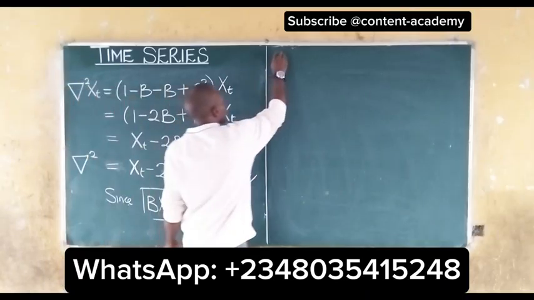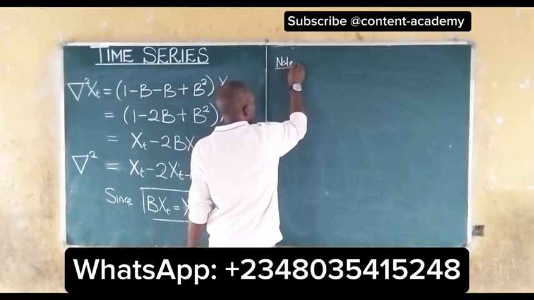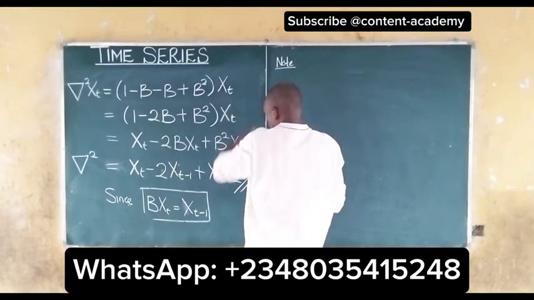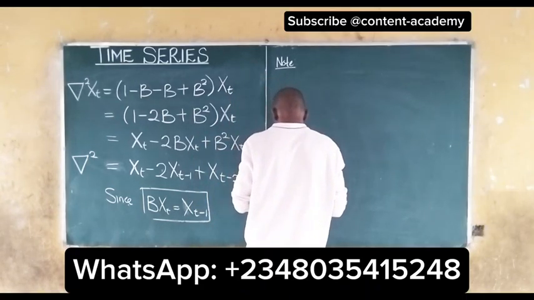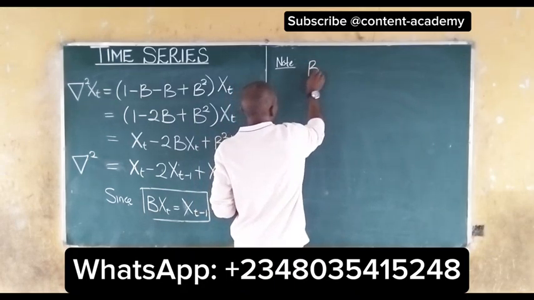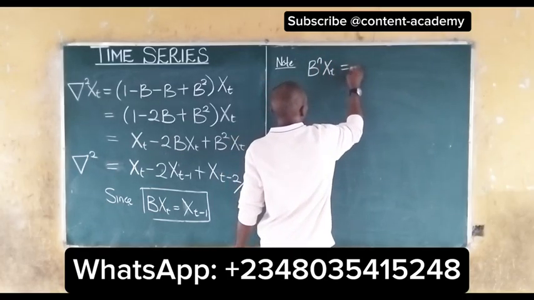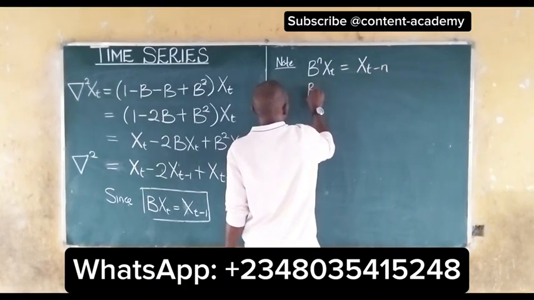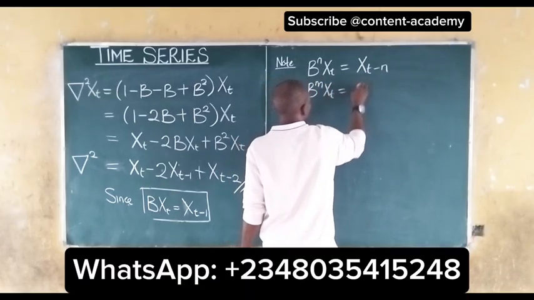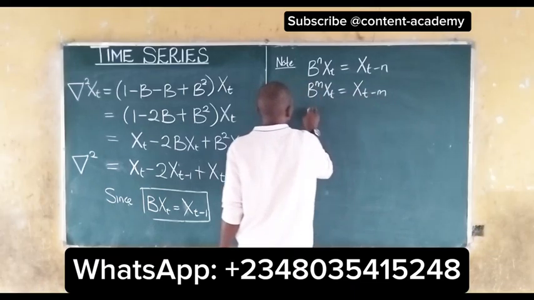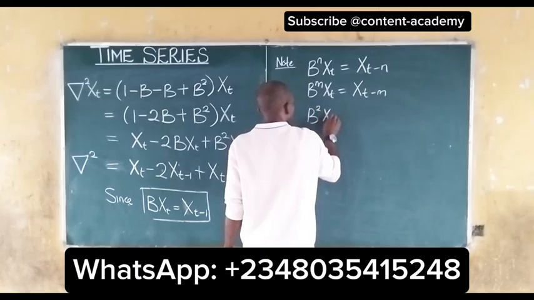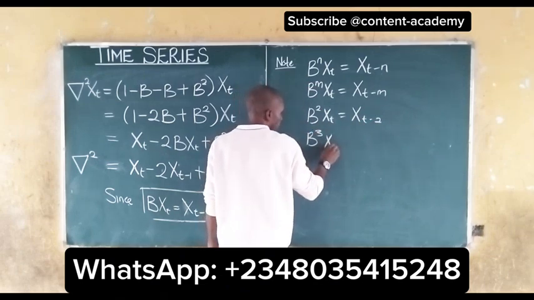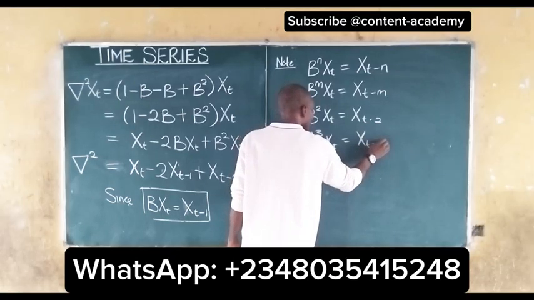So finally, we just need to note what we've written before. B^n X_t is equal to X_{t-n}. B squared X_t equal to X_{t-2}. B^3 X_t is equal to X_{t-3}.